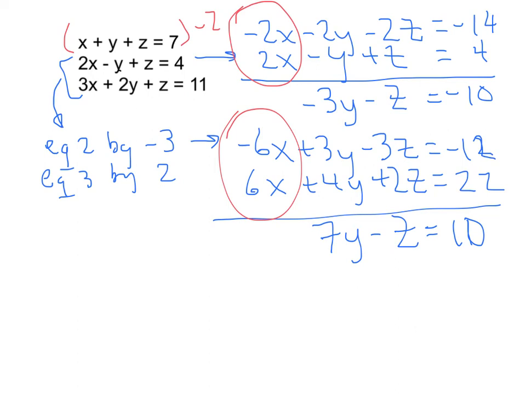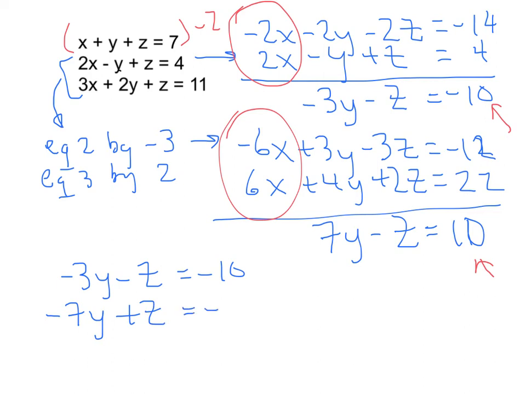What that's going to allow us to do now is add the first equation that we produced to the opposite of the second equation. So if I rewrite those two equations, the first one is going to be -3y minus z equals -10, and the second one is going to be -7y plus z equals -10.